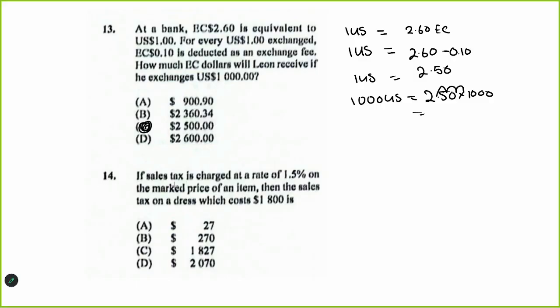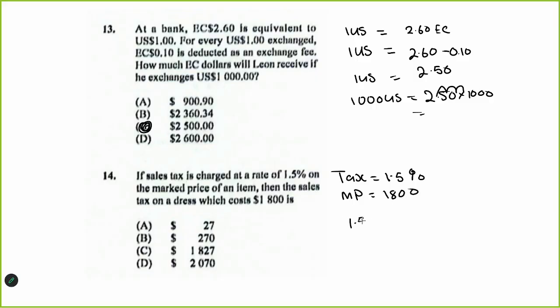Number 14, if the sales tax is charged at a rate of 1.5% on a marked price of an item, then the sales tax on a dress which costs, so we know the marked price is $1,800. They want to know the sales tax, right? So we will have to find 1.5% of your marked price.